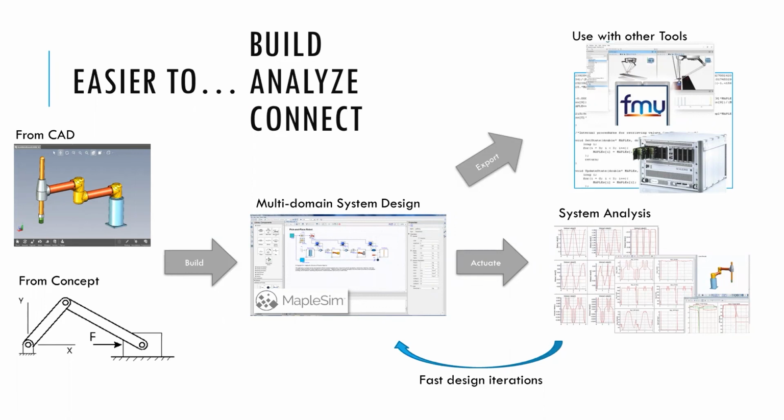And also the effort we've put in on allowing you to connect that model from MapleSim, that work you've done, to other tools in your tool chain. These are three areas that we've put a particular focus on in the last few years and will continue to in the upcoming.